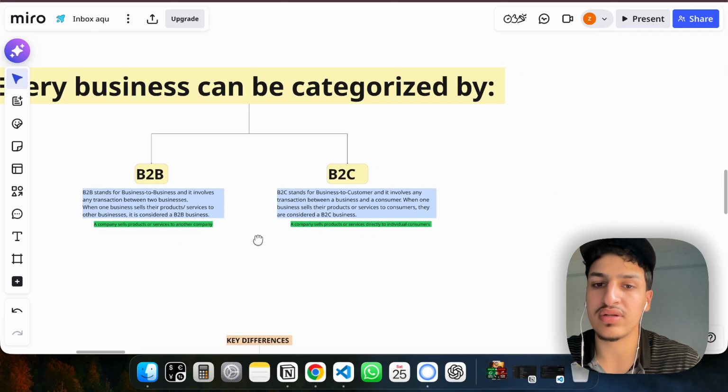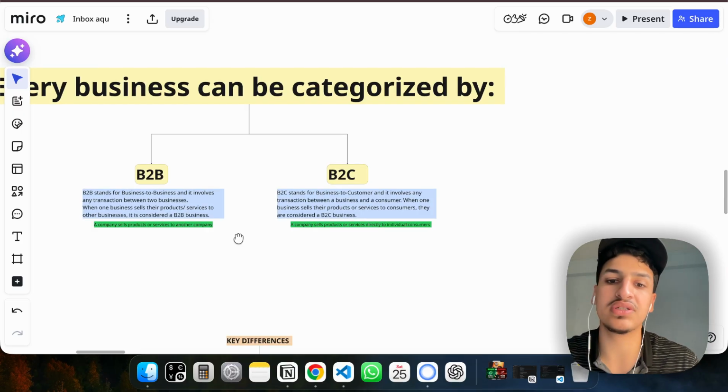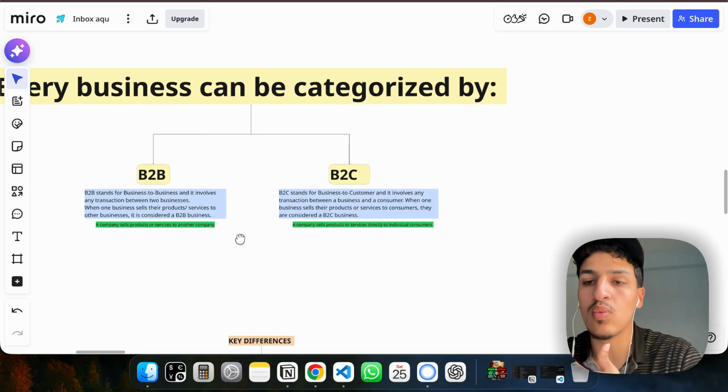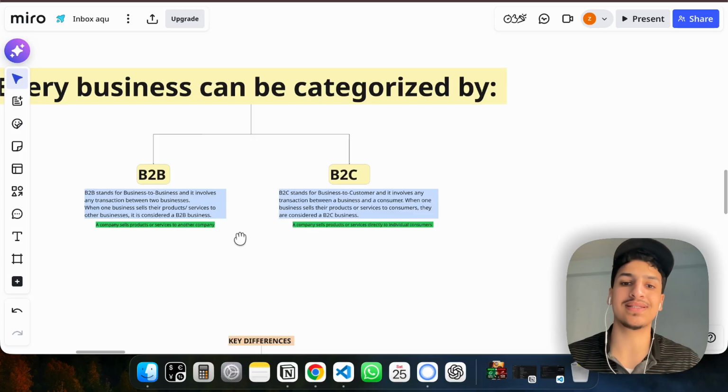On the other hand, B2C is the complete opposite. B2C stands for business to customer, and it involves any transaction between a business and a customer, or a consumer. So when a business sells their products or services to customers or consumers, it's considered B2C.